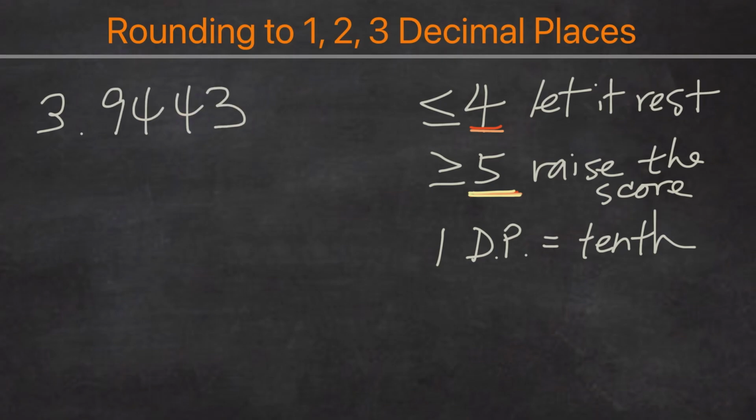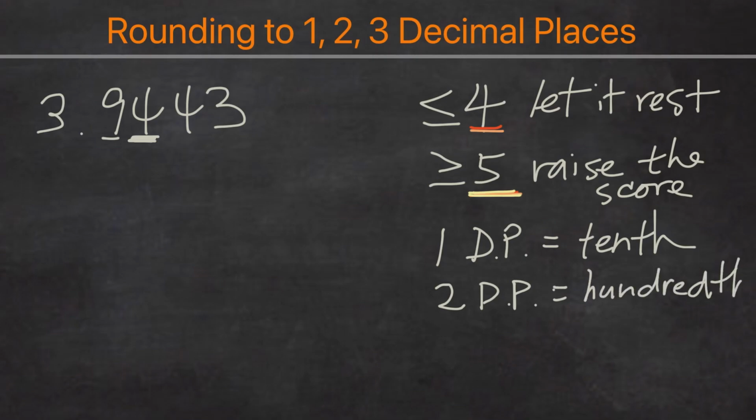3.9443. Now this time we're working on two decimal places, and if we count 1, 2, we're gonna round to the 100th place. So 2 decimal places is the 100th place. And again, we're gonna go ahead and draw a line here.